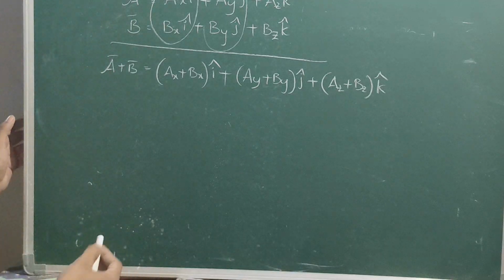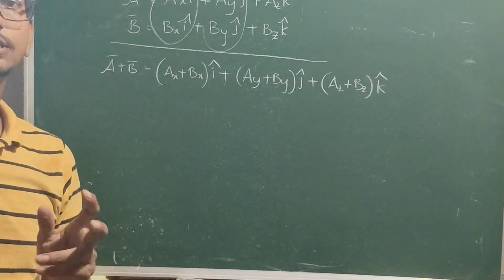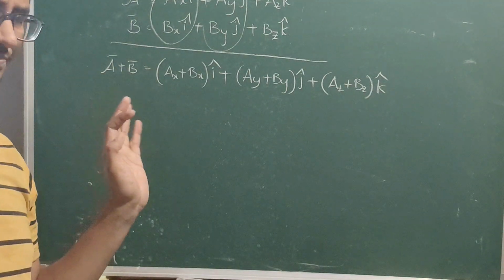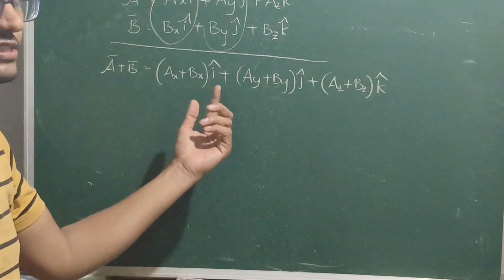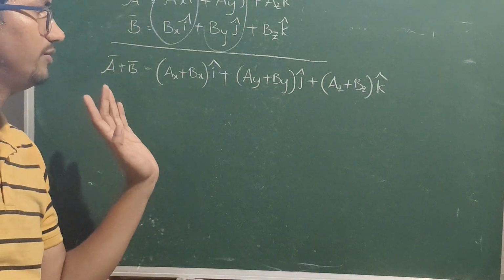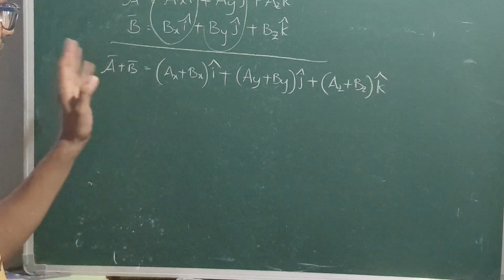That's how we can add simply two vectors in three dimensions. Whatever sums are asked, we can add simply. I cap means unit vector, whose magnitude is 1. That's why we can add directly and we get the answer.